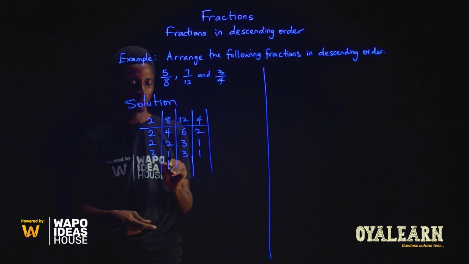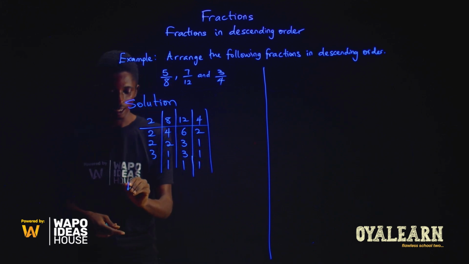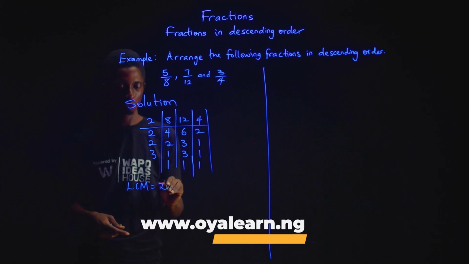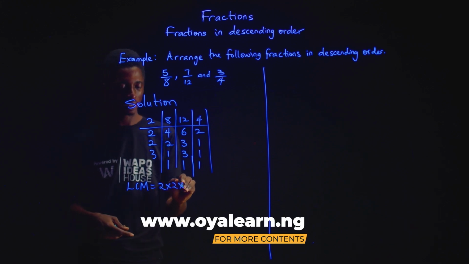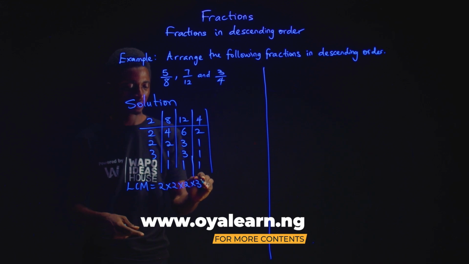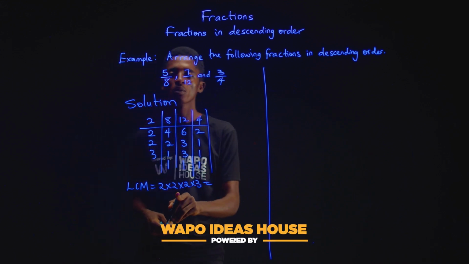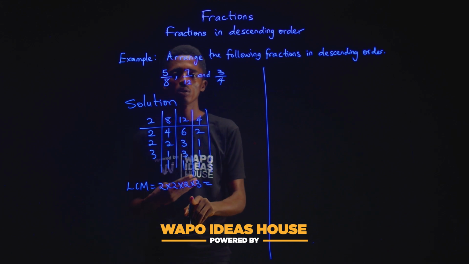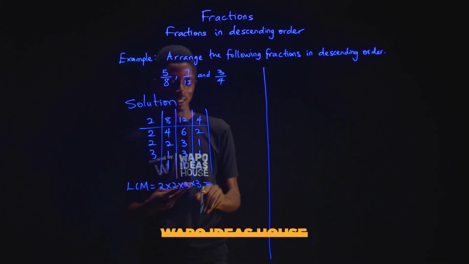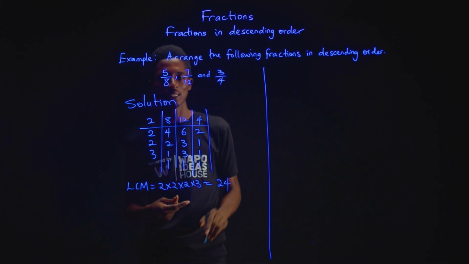And then 3, 1, 1, 1. Therefore, our LCM equals 2 times 2 times 2 times 3. Now, 2 times 2 is 4, 4 times 2 is 8, 8 times 3 is 24.